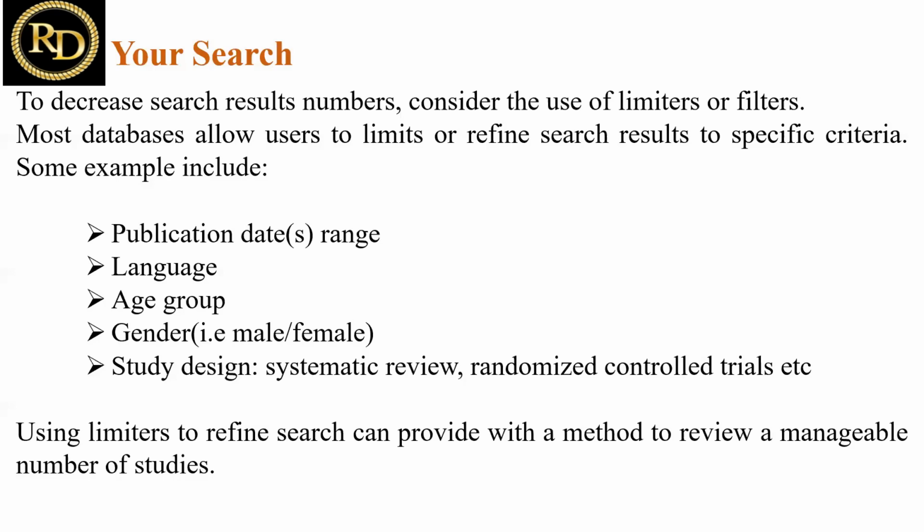Some examples include publication date range, language, age group, gender, male or female, or study design, which you can also use with the help of limits or search filters. PubMed, Embase, Cochrane, each database has these specific features for every search.